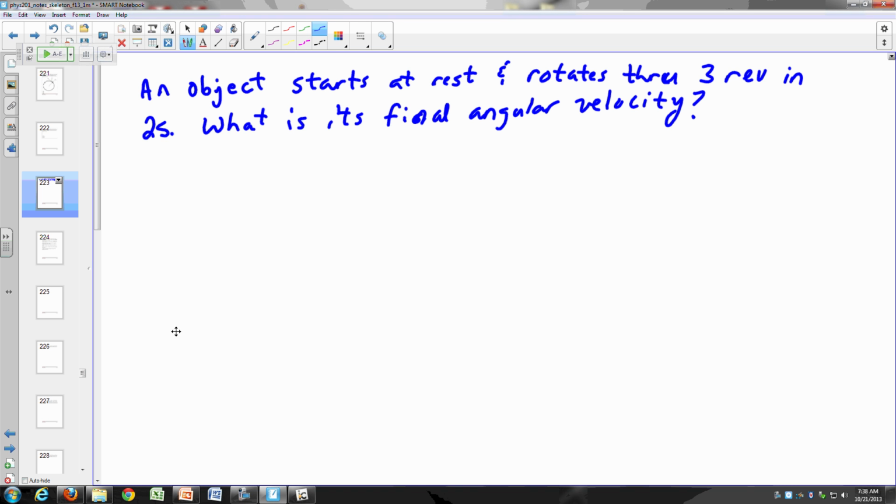Take a moment. There are a couple things you'll need to do right off, like, well, no, you don't have to do that. Never mind. Just write down everything that you know, and then write down what you want to know. You can write down your equations. If you forget them, I'll write them right over here.